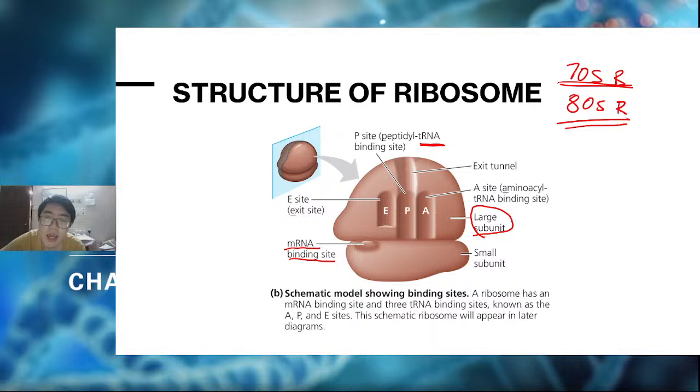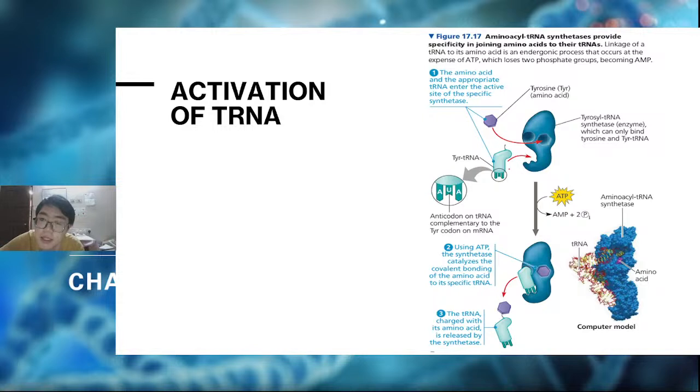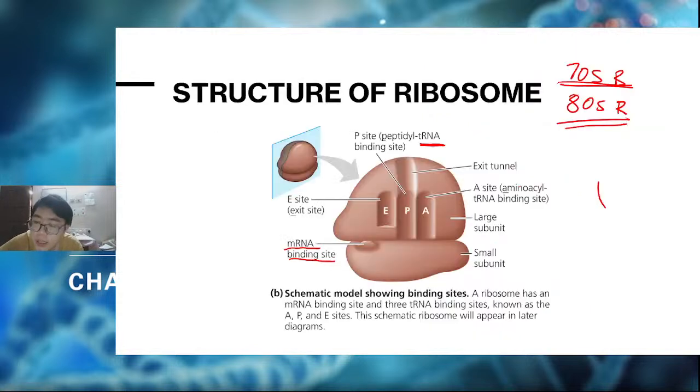So the A site, what is that? This site is the binding site for aminoacyl tRNA, meaning the tRNA that carries the amino acid. We know that tRNA looks like this.